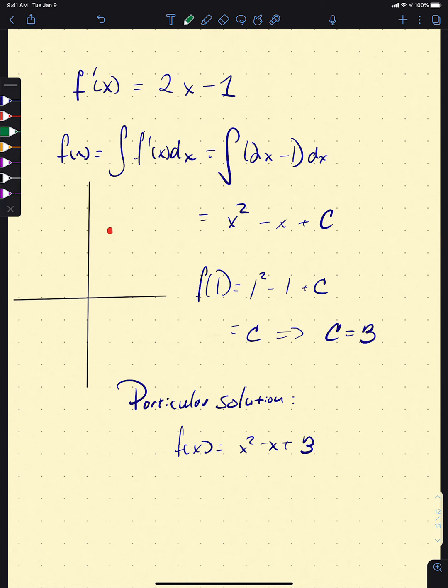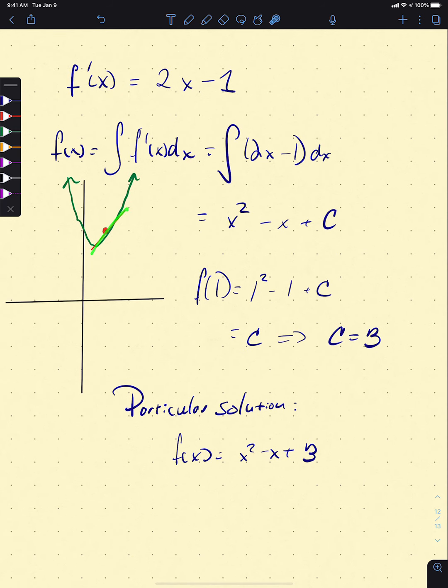And this parabola would look something like this. And at this point, it has that slope. But notice, since this plus c is going to shift this parabola vertically, any vertical shift of this parabola is going to have the necessary slope.